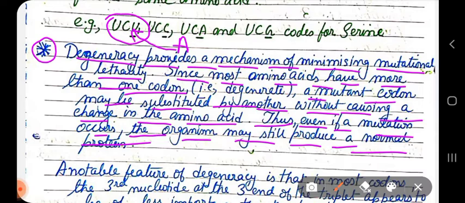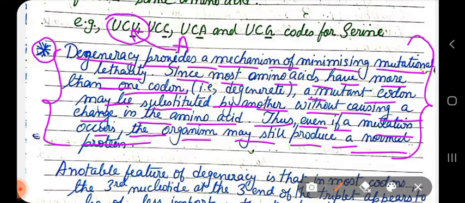If there is addition or deletion of a base, it will lead to frame shift mutation, which, as we know, will change the whole sequence of amino acids from that point onwards downstream. But if there is replacement with another nucleotide, then there will be no such structural changes, since due to complete degeneracy, if the third nucleotide of the codon is replaced by any other nucleotide, it can still code for the same amino acid.